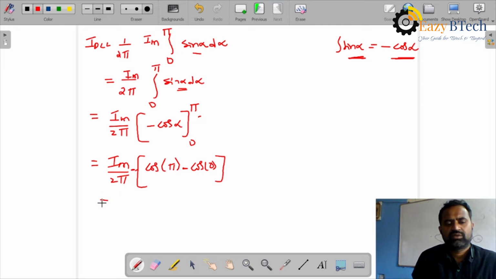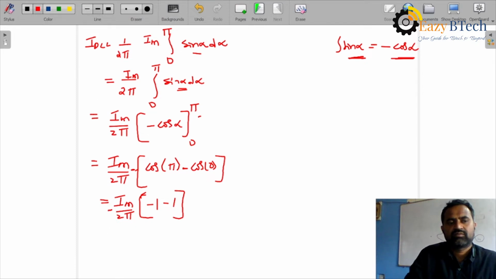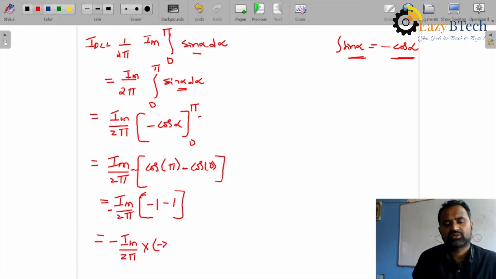We know Im by 2 pi here, with minus, cos pi is minus 1 and cos 0 is 1. Now we write this expression as minus Im by 2 pi into minus 2.